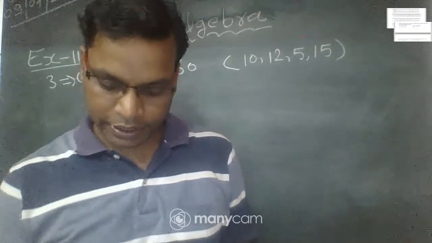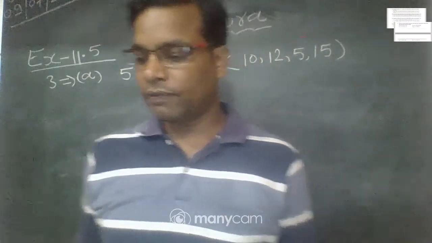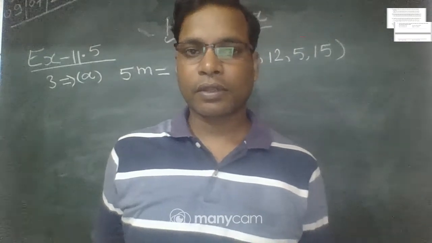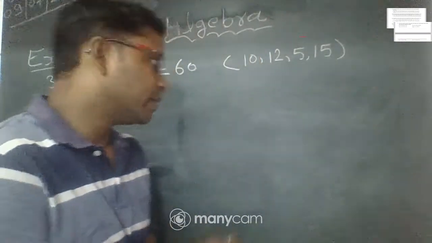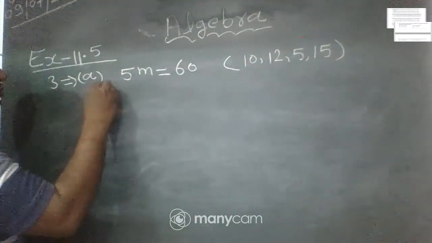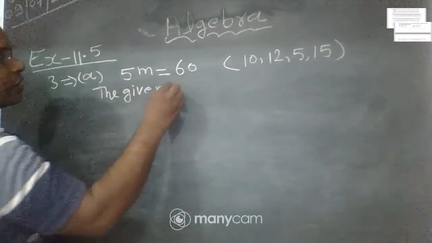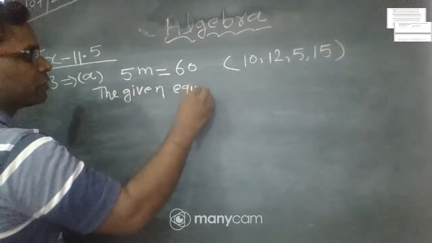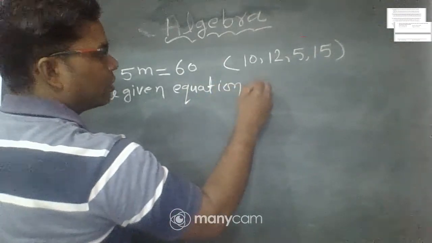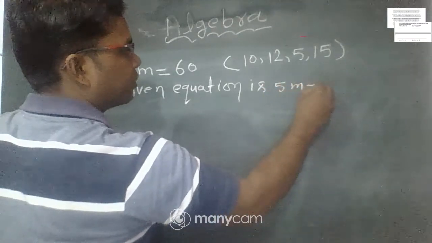So for this equation, first you write the given equation. What is the given equation? The given equation is 5m is equal to 60.